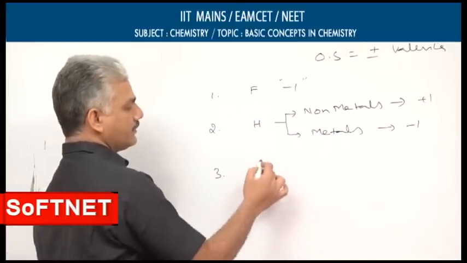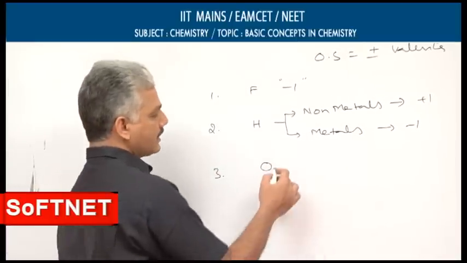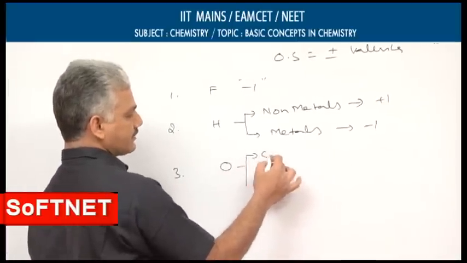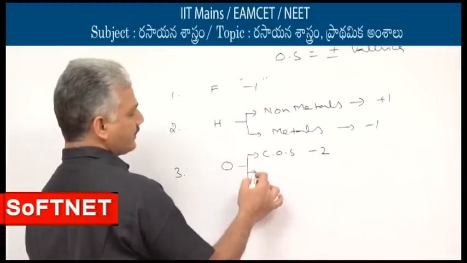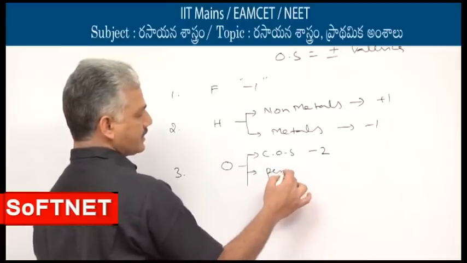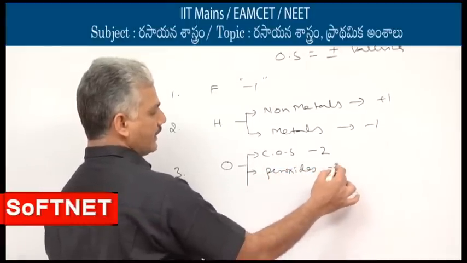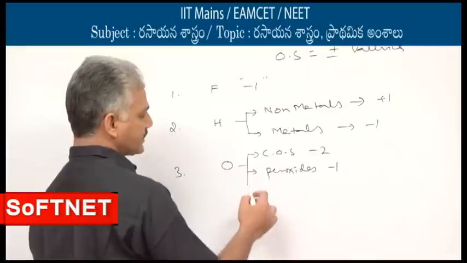Then coming to oxygen, its common oxidation state is -2. But if oxygen is involved in the formation of peroxides, the value is taken as -1.